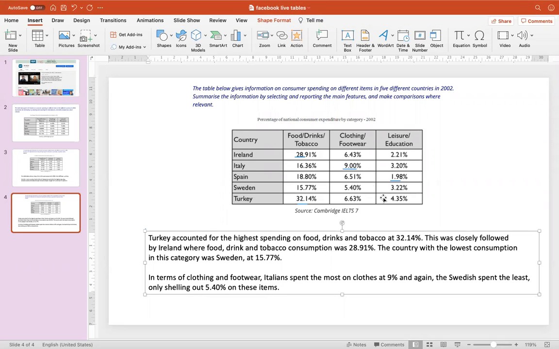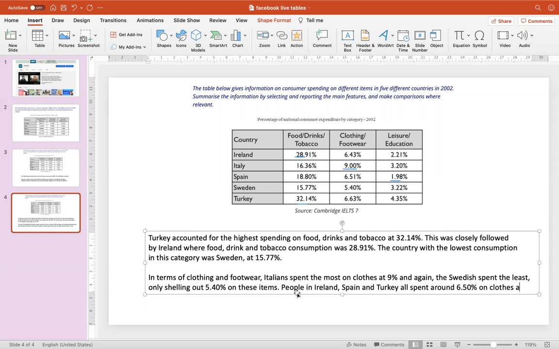Let's go with Ireland, Spain, and Turkey. People in Ireland, Spain, and Turkey all spent around 6.5% on clothes.